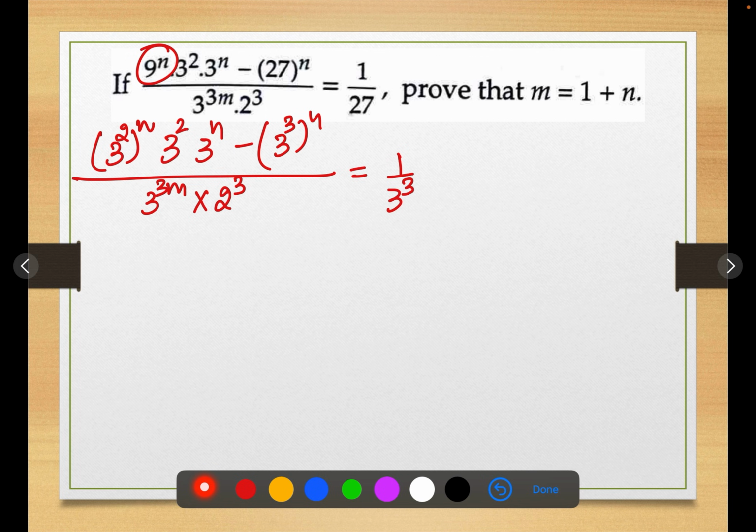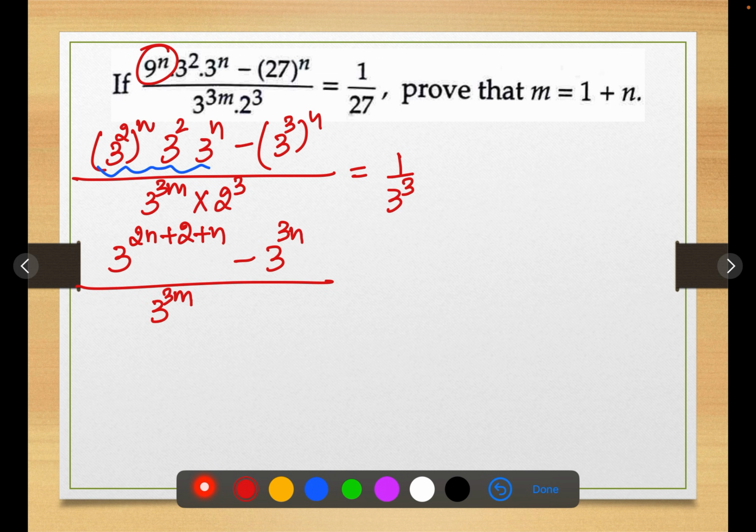Now let's start combining them. I can see this is in multiplication. So what I'll do is combine the powers. 3 to the power 2n plus 2 plus n minus 3 to the power 3n upon 3 to the power 3m into 2 to the power 3.